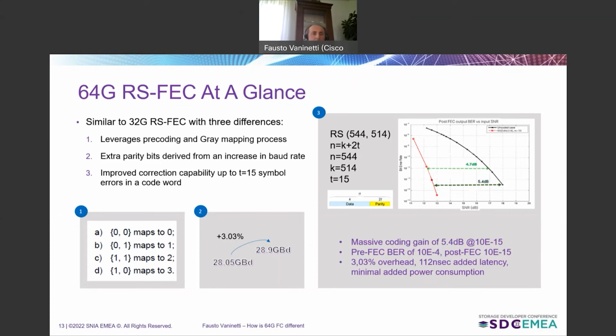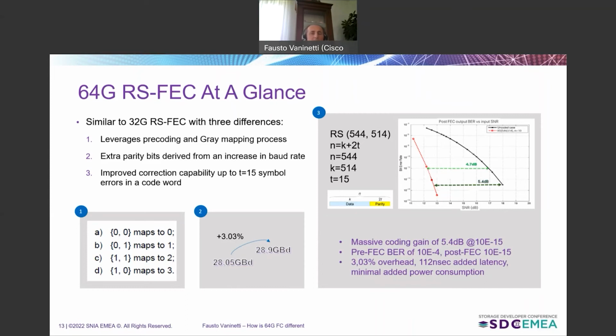And third, by using the new Reed-Solomon FEC implementation with a code word of 544 symbols and original data of 514 symbols, we can correct up to 15 symbols, 10 bits each. And this makes up for the 150 bits that can be corrected at best.